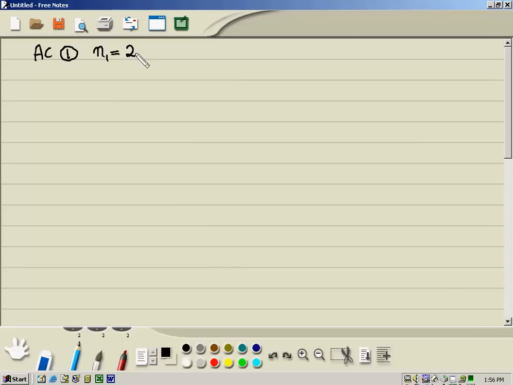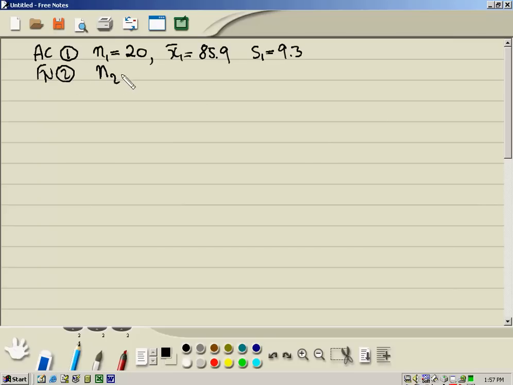So there are 20 accounting majors. Their average score on the exam, which we'll call X bar 1, is 85.9%, and the standard deviation S1 of 9.3%. Finance majors we'll call group 2.